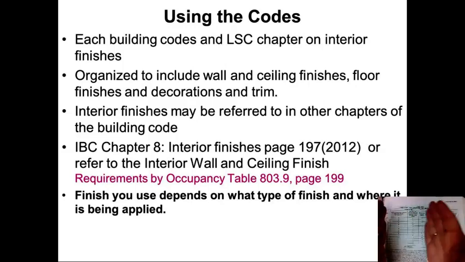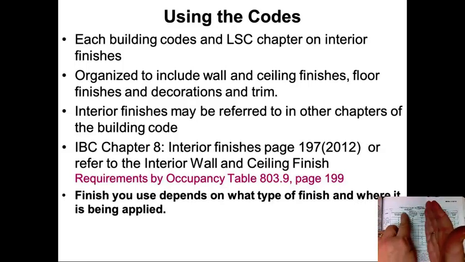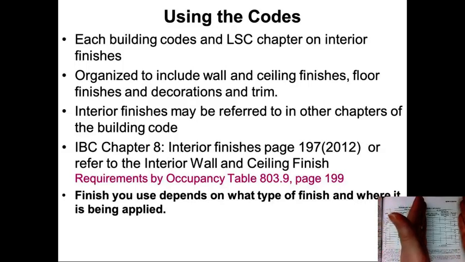This first section is sprinklered. This second section right here says non-sprinklered. So you've got to make sure that you know what the building is. We're going to be going back over that again, but I want you to understand it depends on what type of finish and where it is being applied.